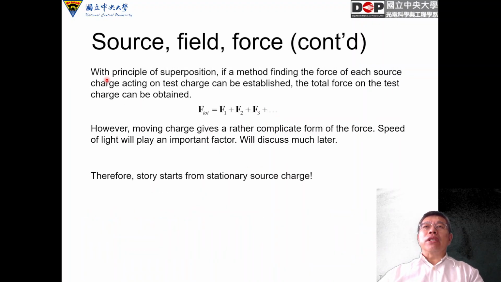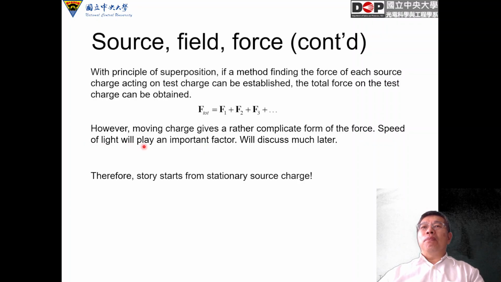Okay. With the principle of superposition, if a method for finding the force of each source charge acting on the test charge can be established, the total force on the test charge can be obtained by just adding things up. And be careful here, the force is also a vector, so these are vector sums. Okay? However, moving charge gives a rather complicated form of the force.